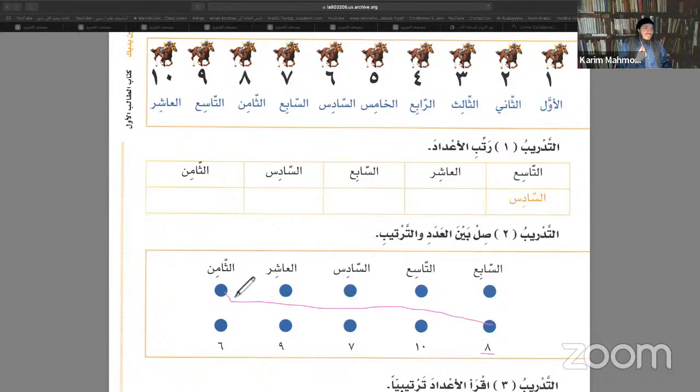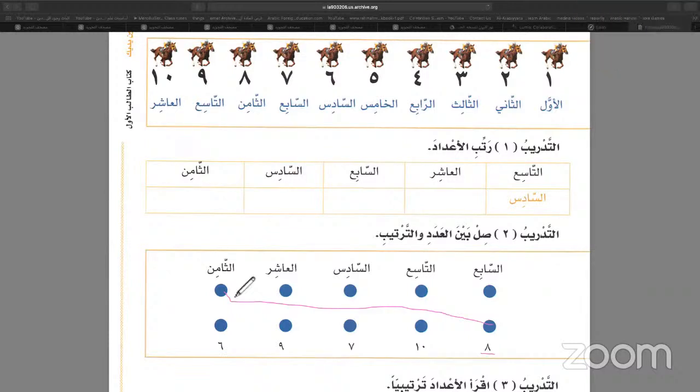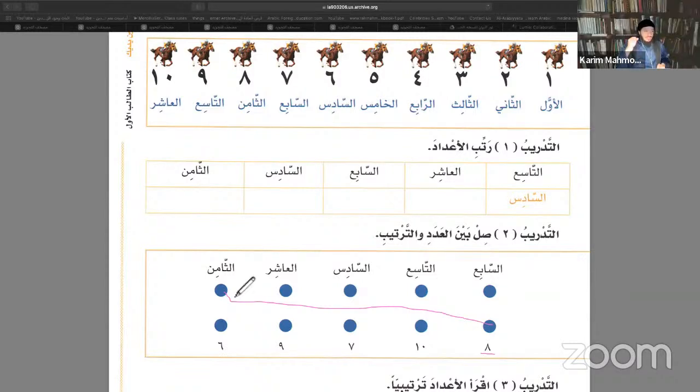Like we say in English, do I say I am 8 years old or I am the 8th years old? I am 8 years old. But if I'm racing with Ryan and Isaac and Mizan and other people, and I came in 8th place, I say Ana athamin. I am the 8th. You understand the difference, everybody?